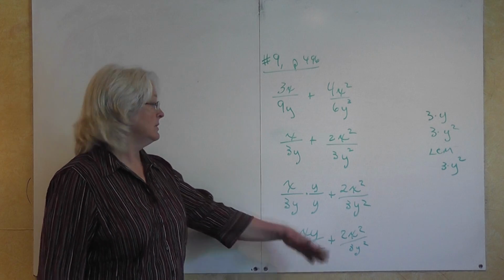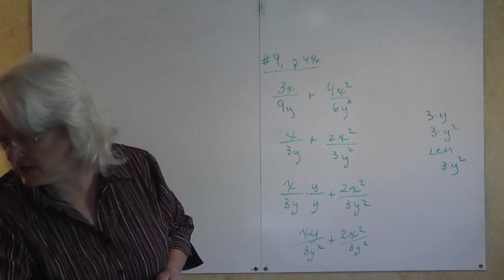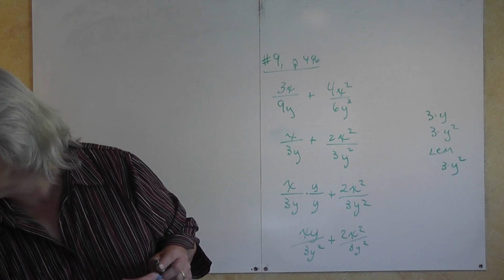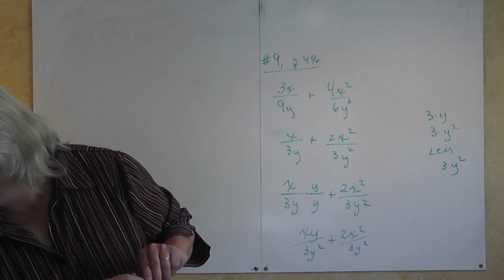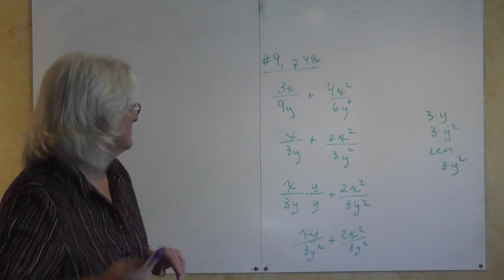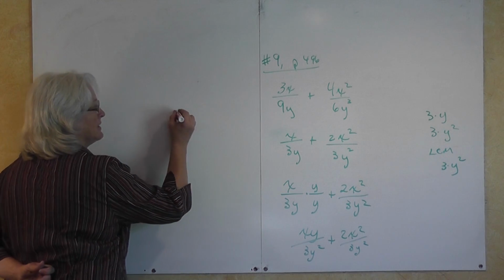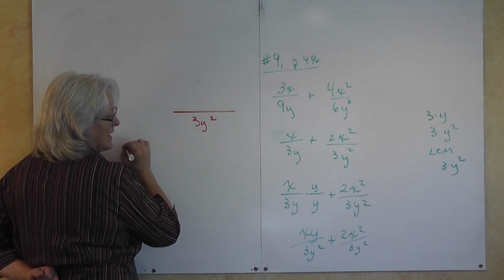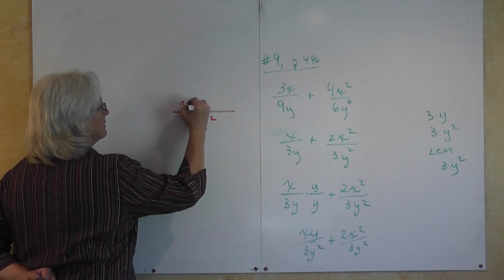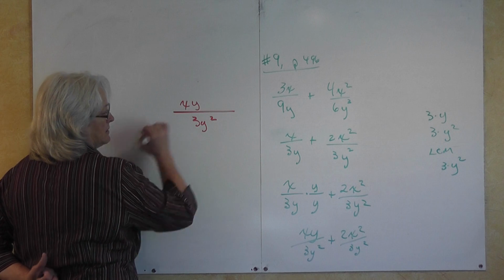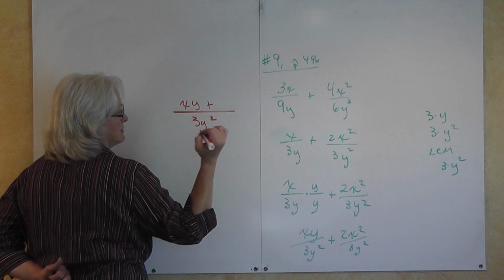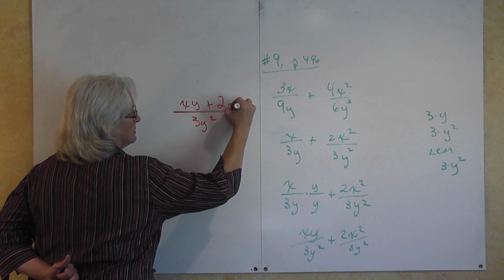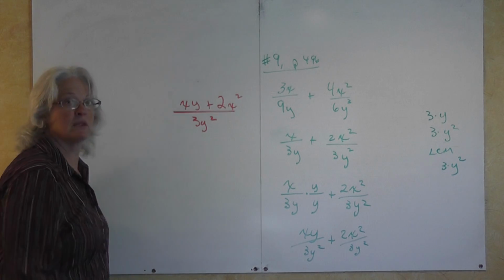Denominators are the same. So the denominators are the same, 3y squared, and we add the numerators: xy plus 2x squared.